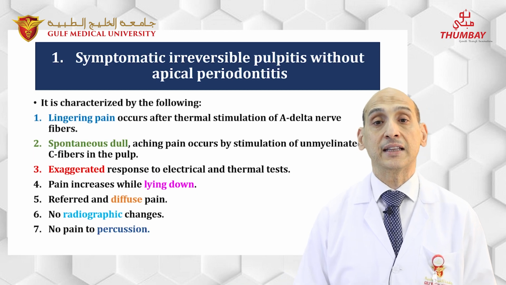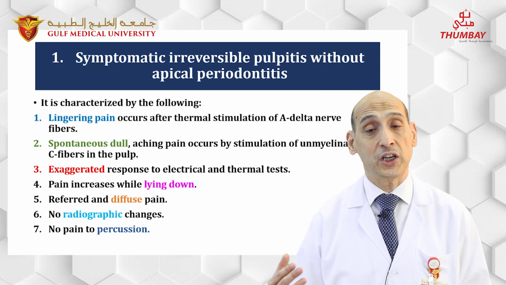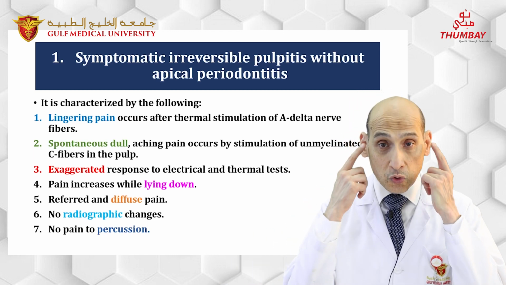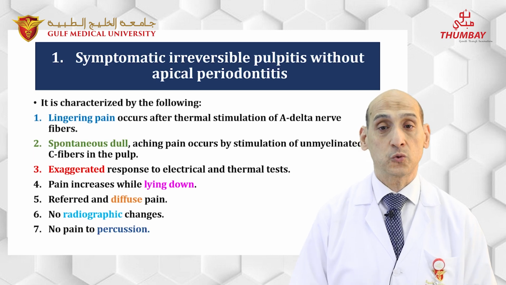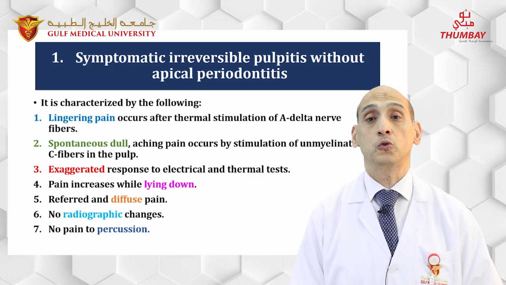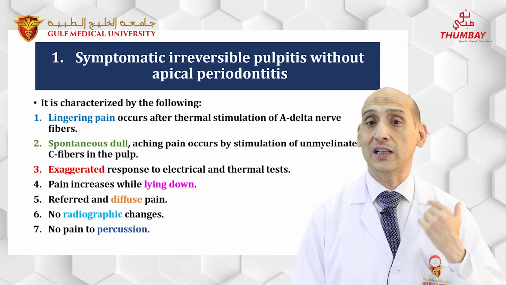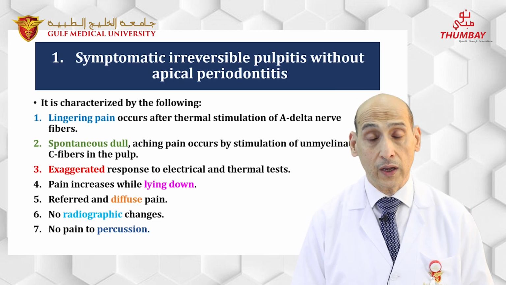Pain can increase when the patient lies down, especially when he starts to sleep, due to the intracephalic pressure going to the head. This will increase the intrapulpal pressure. There is referred and diffuse pain, and the patient has difficulty localizing which tooth it is, upper or lower.